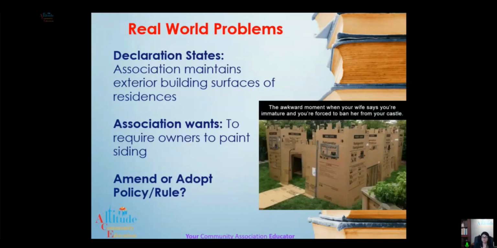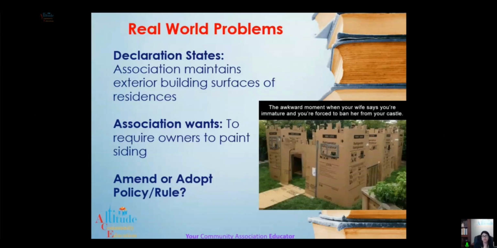So in this case, if you guys are thinking that they should amend the declaration, you're correct. Although the term exterior building surfaces is ambiguous, and we're not exactly sure what it might and might not include, we can definitely be sure that painting is maintenance of a surface, okay?